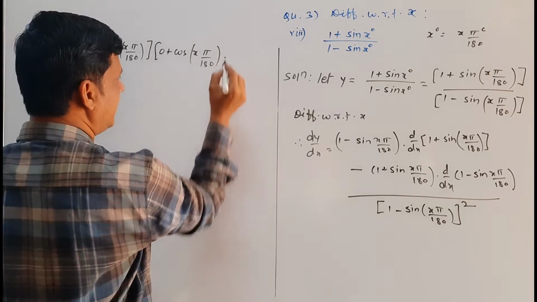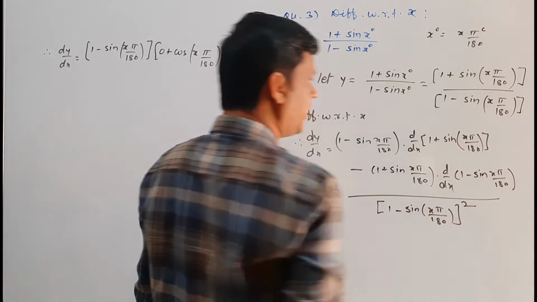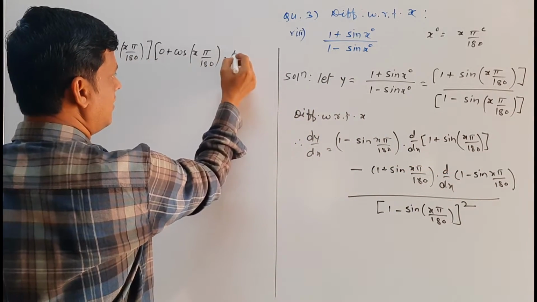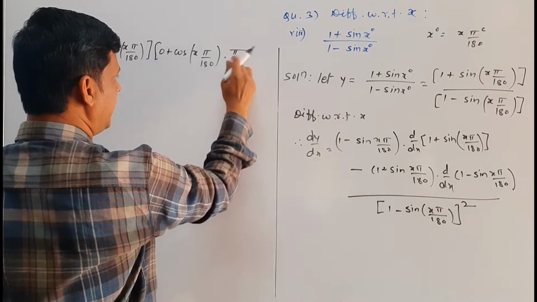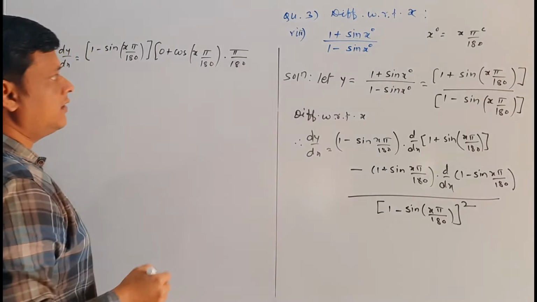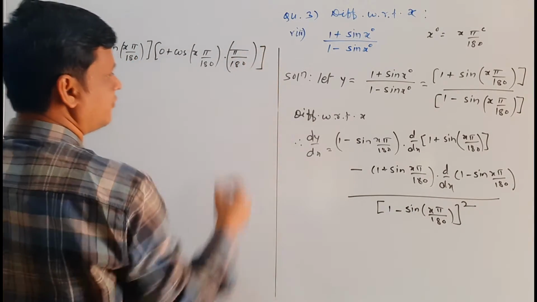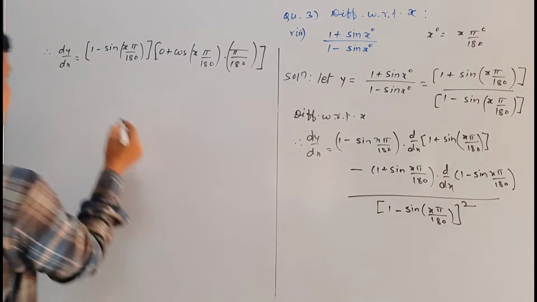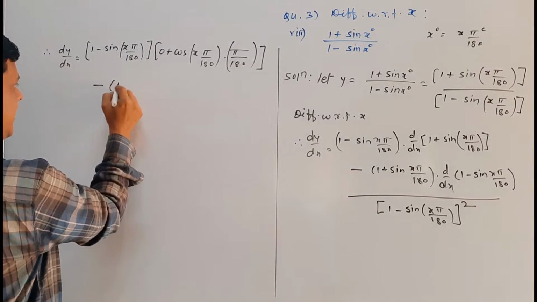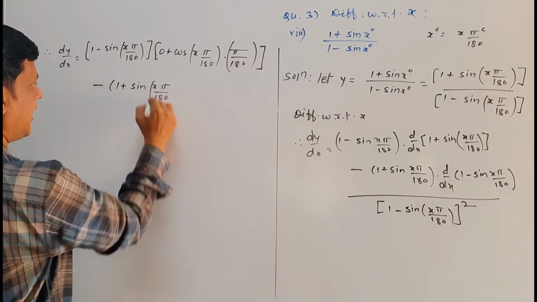Then we have to find derivative of this x pi upon 180. So pi upon 180 is constant and derivative of x is 1. So we write here pi upon 180 into derivative of x, that is 1. So we write pi upon 180. Square bracket complete here, minus 1 plus sine x pi upon 180 as it is.